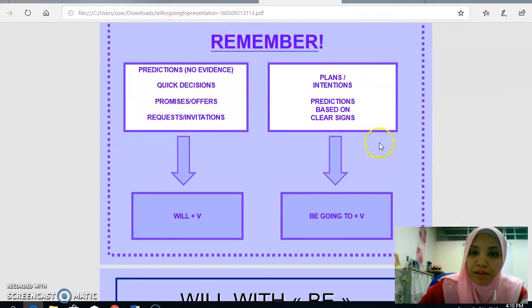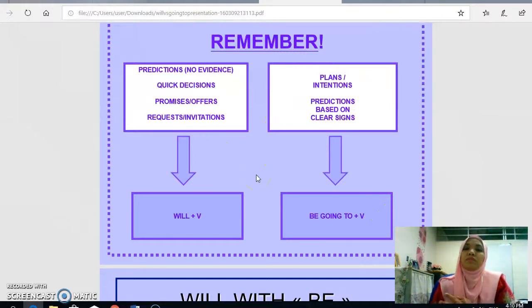So let's recap the use of will versus the use of going to. For will, simple future tense, we're talking about predictions where there's no evidence, no indication, no symptoms of anything to happen. So you're just making up a prediction.